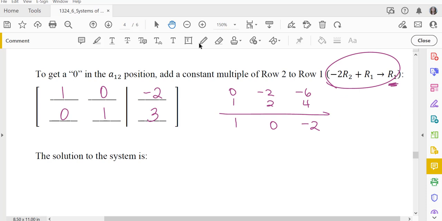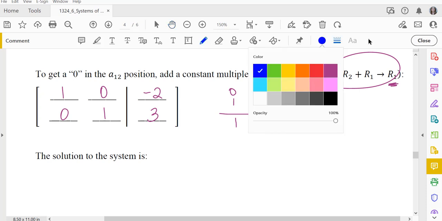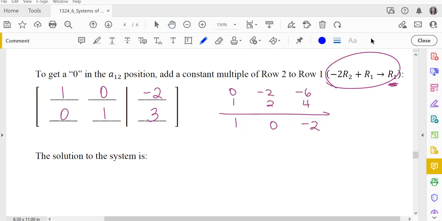What is my solution to this equation? My matrix says x equals -2 and y equals 3. You can write it like that, or you can give me the ordered pair -2, comma 3.